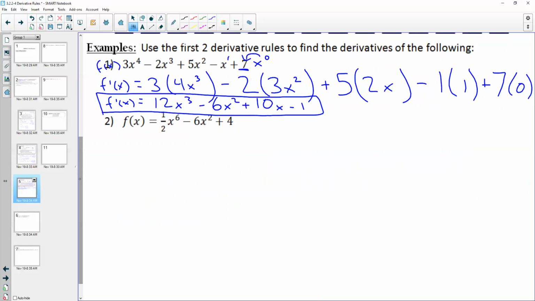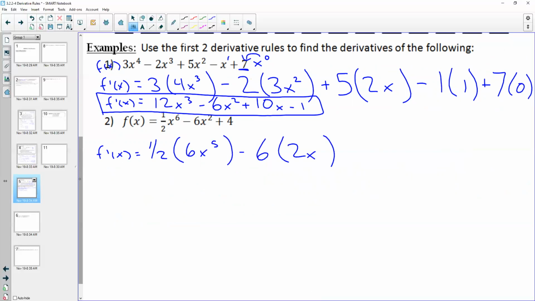So for this next one, we'll just continue to do the same thing. So f prime of x is equal to, we'll take out the half. X to the 6 will be 6x to the 5 minus 6. x squared will become 2x.